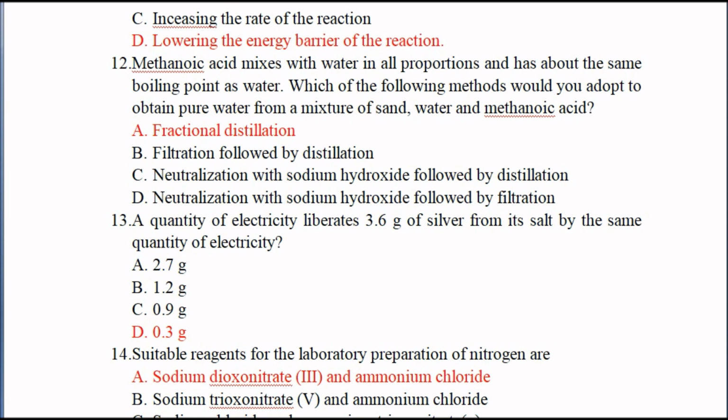First of all, let me take the options. A, fractional distillation. B, filtration followed by distillation. C, neutralization with sodium hydroxide followed by distillation. D, neutralization with sodium hydroxide followed by filtration.